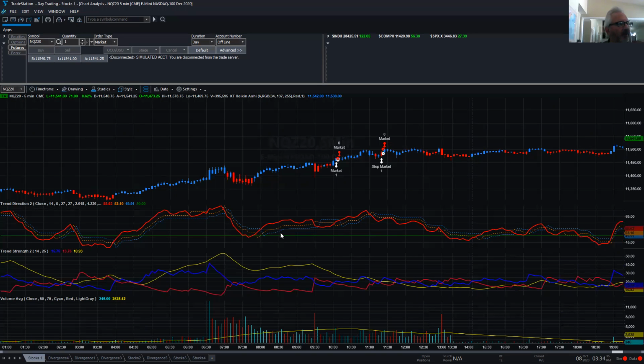This is really a matter of interpretation when we take our trades as far as direction. For instance, this here is telling me that the market is going down, which it is, but it's still in the upper half, which means it's bullish. This half is bullish. This half is bearish.